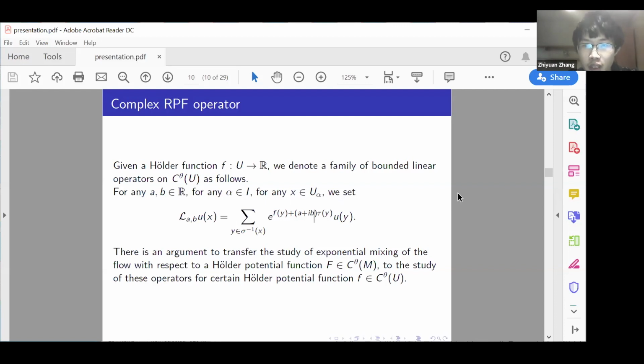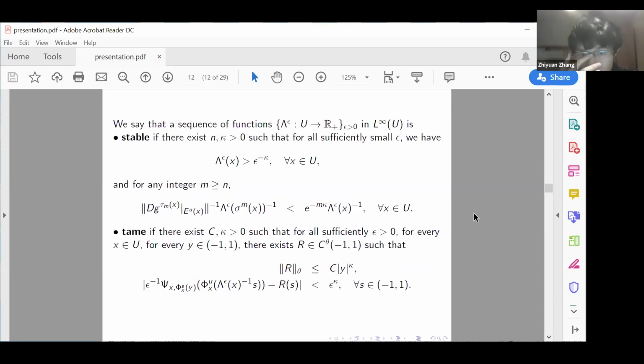And this will give you cancellation. But in our case, it's more difficult to study at what scale you can see a similar thing. So this is what we will study.